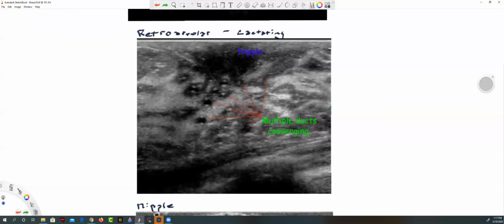Retroareolar, in other words, behind the nipple. I'm going to write something. Important. The whole breast is important, but getting behind the nipple and getting it without shadowing, which is the trick, is very important. We're going to talk about that. But nipple, I would say they're just off to the edge. Right, left, up, down, I don't know which direction. They're just off to the edge because you're not seeing the actual nipple.